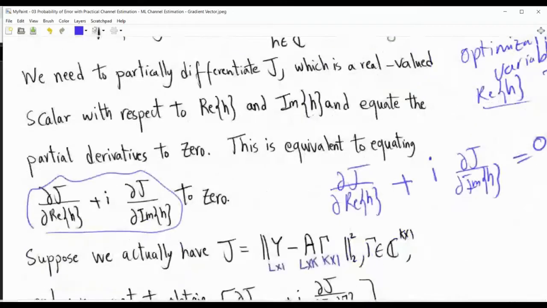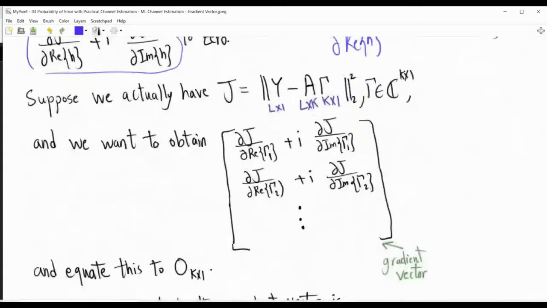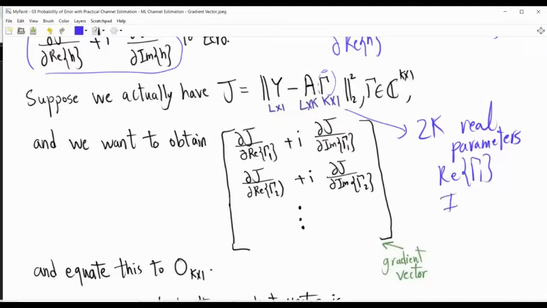We want shortcuts. In case you are differentiating with respect to not just one complex optimization variable, but you have k of them, here we have 2k real parameters, which are the real of gamma 1, the imaginary of gamma 1, the real of gamma 2, the imaginary of gamma 2, and so on.